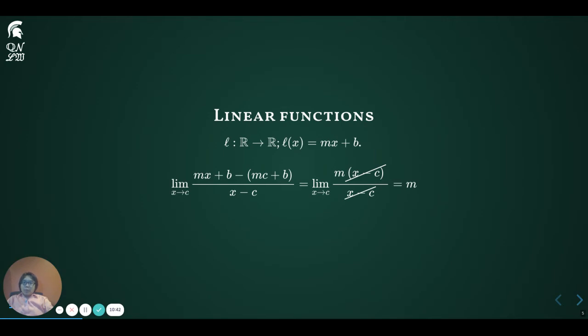After the grouping, we can cancel out the factor of x minus c from both the denominator and numerator, leaving the limit of the constant quantity m, which of course evaluates to m. With this, we've shown that for any c in the domain, the function L is differentiable there with derivative m, exactly as we expected.